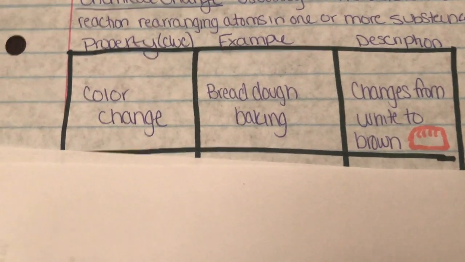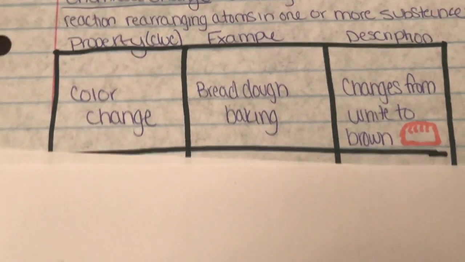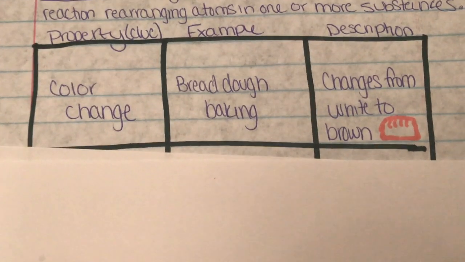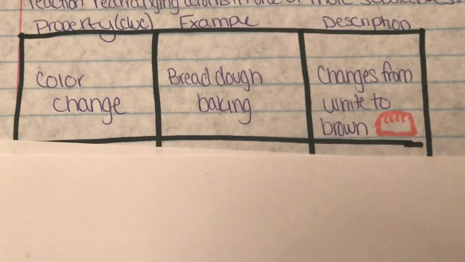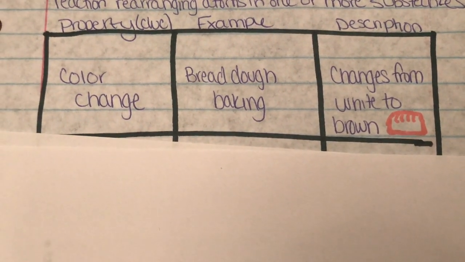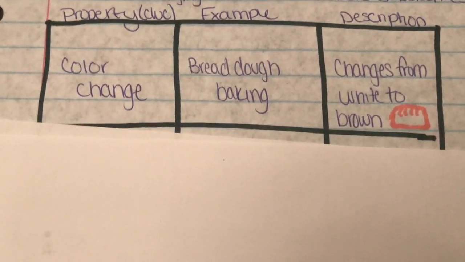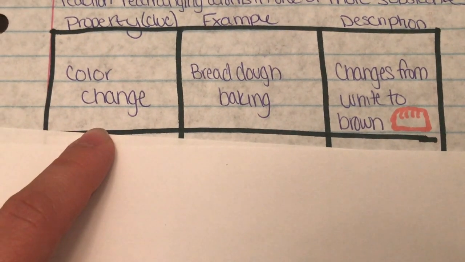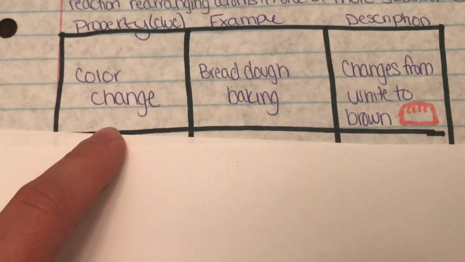When you first put it in the oven, it's a really light color, and then after it's heated and baked, it changes to more of a brownish gold color. That's something that I didn't physically do to change it. So it's actually a chemical change that's taking place when you're baking that dough.